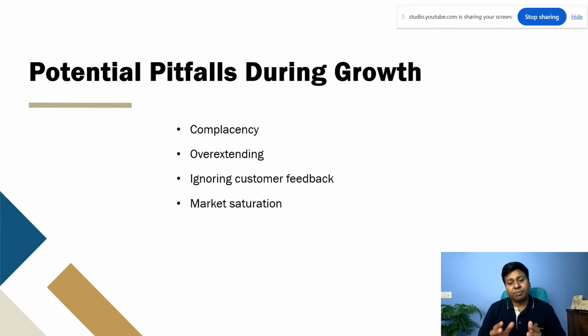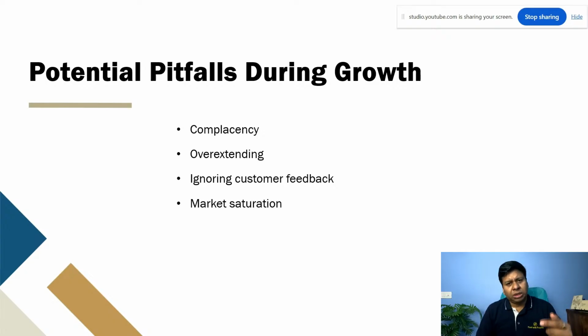These are the four pitfalls. Most of the time, a startup starts the operation with a bang and they are happy. We have taken very happy feedback from the customer, but while we are scaling, it is doomed. So complacency, overextending, do not ignore the customer feedback, and think about market saturation.